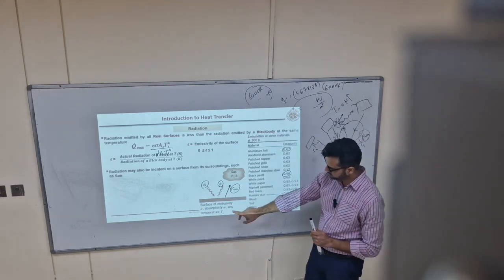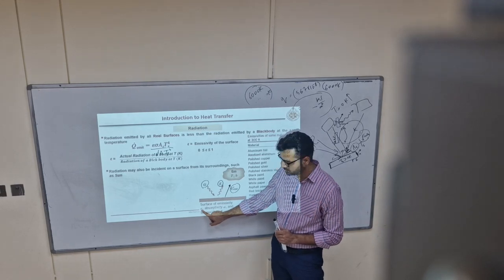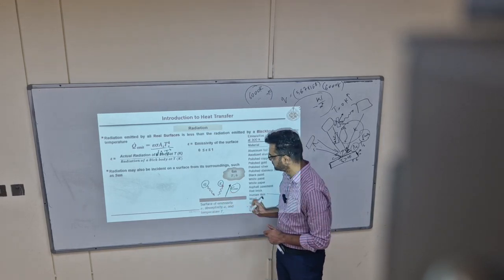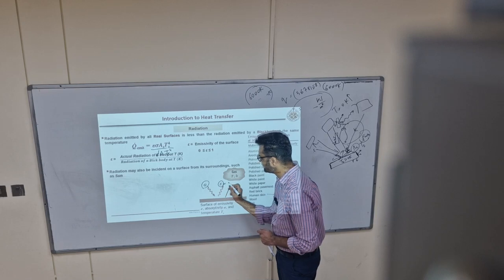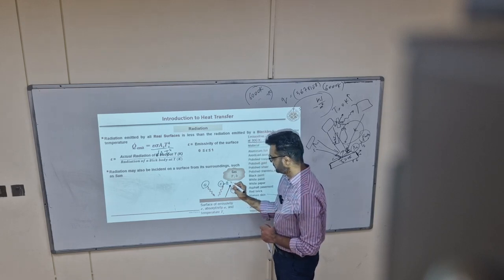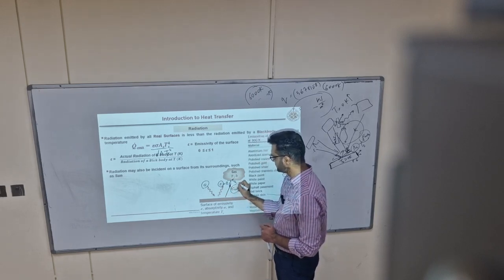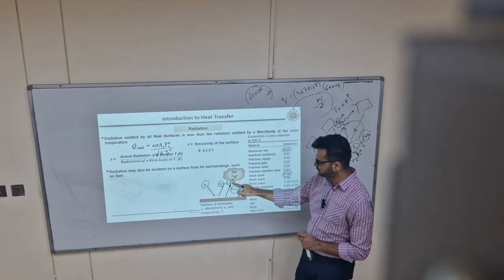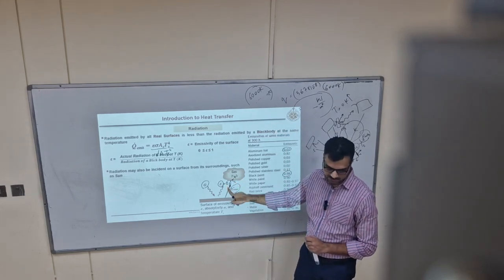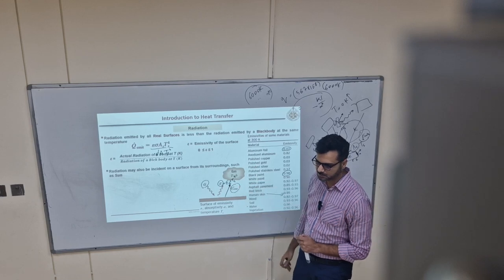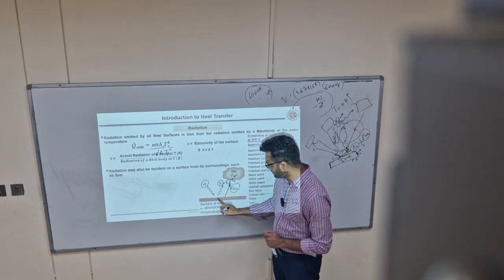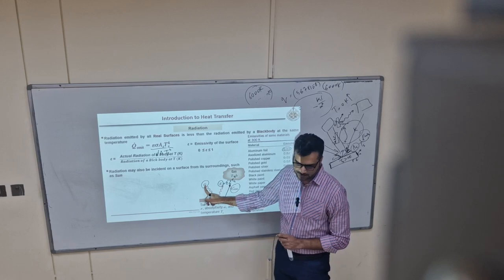And every surface has certain emissivity. This radiation emitted by that body is given by epsilon sigma Ts to the power 4. If I do not write area, it means per meter square, right? But the same body is also exposed to radiation.